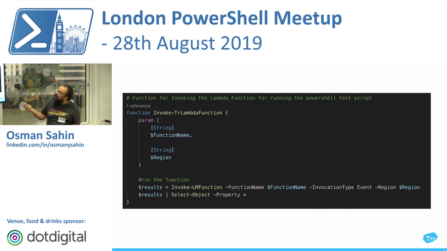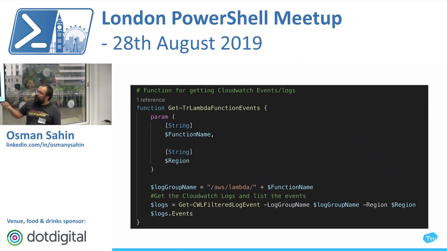The next function is to invoke the code. Very easy, very basic. Invoke my function and then show me the properties, whether it runs and what the name is. And the last function gets me all the logs. If I have logs, you have the CloudWatch logs, get me the logs, write the logs, and show me the events.